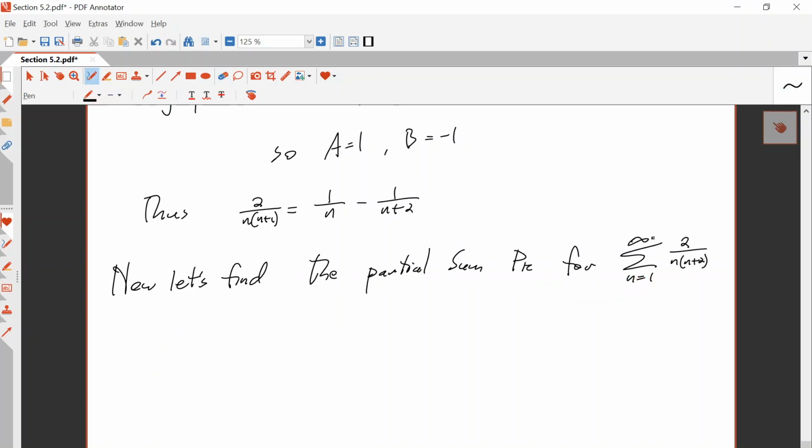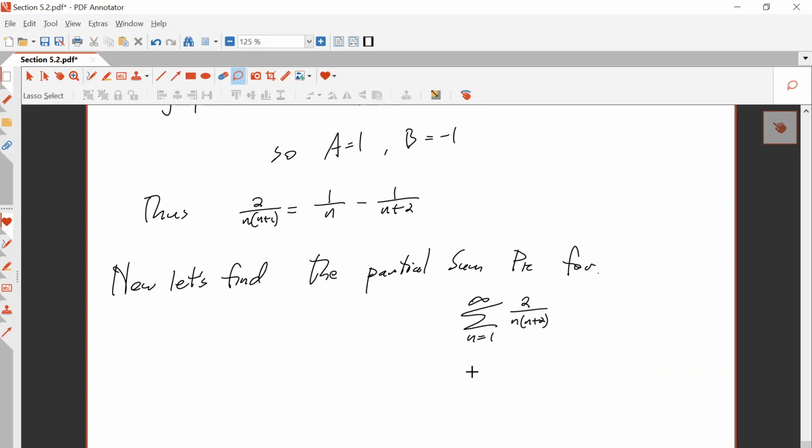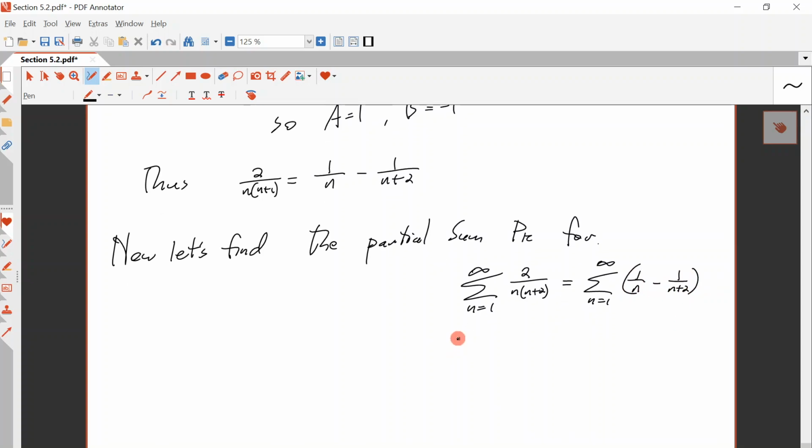Well, I guess I better write it this way: the sum n equals 1 to infinity of 1 over n minus 1 over n plus 2, like that. So let's look at the third partial sum.